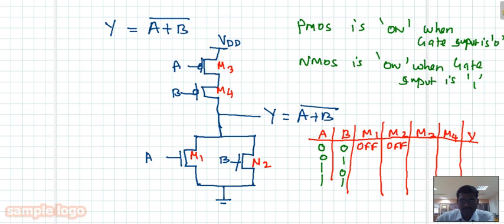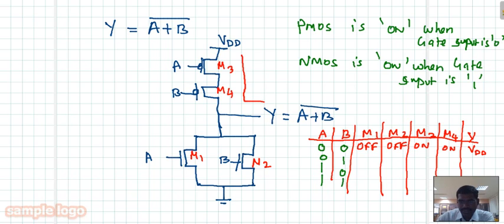Now both PMOS are on since the inputs are 0, 0. So your output is now directly connected to VDD through these two. The output is pulled up to VDD.